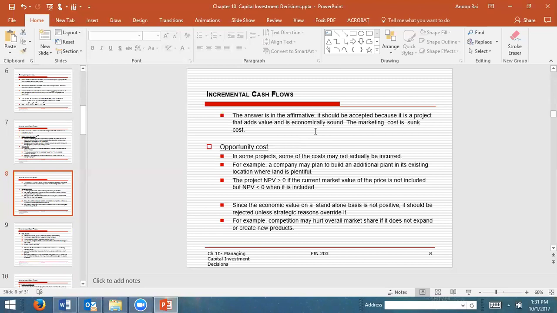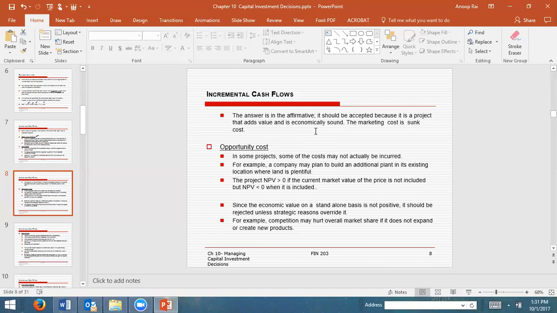So let's take another concept that's important when determining cash flows. It's called opportunity costs. An example of this kind is something like this: let's say there's a company that plans to build a plant, and it has a huge amount of land in its existing facility. If it builds the plant in there, then the net present value is greater than zero.